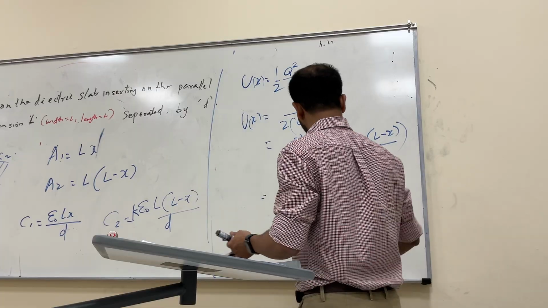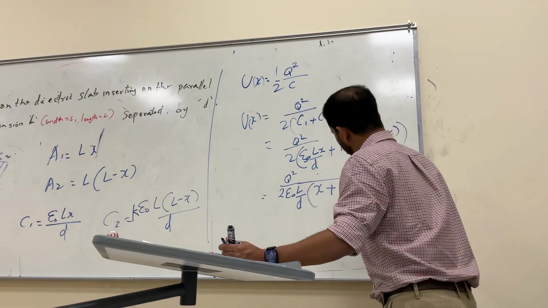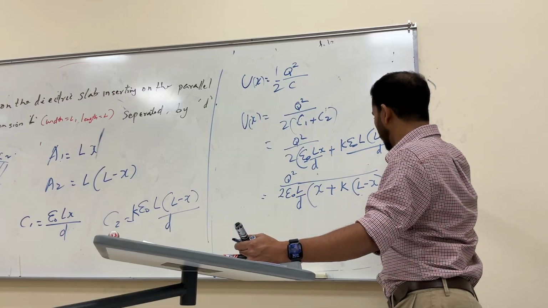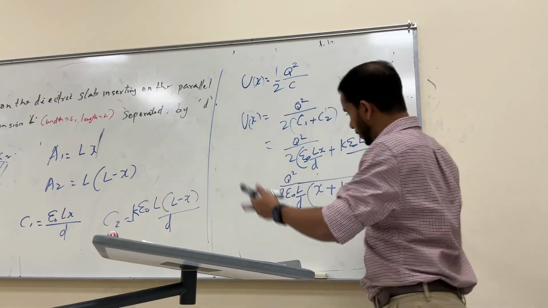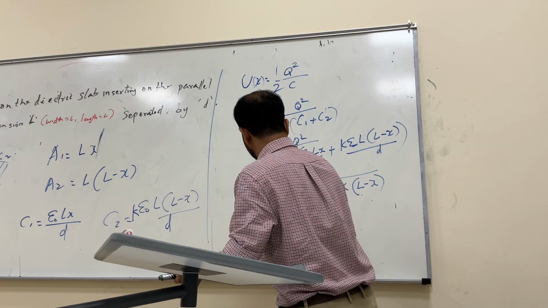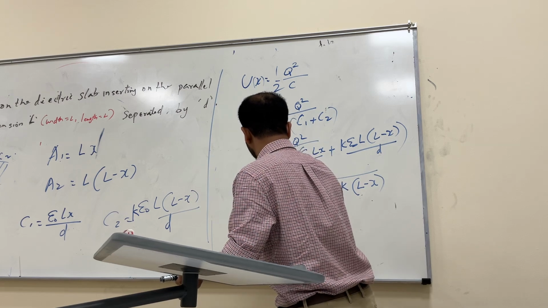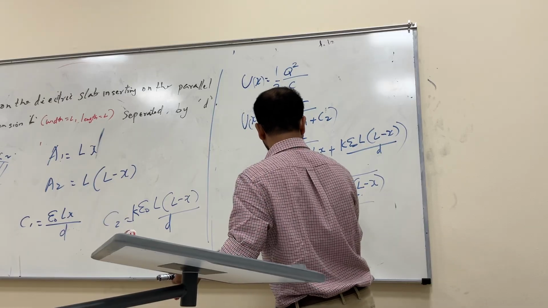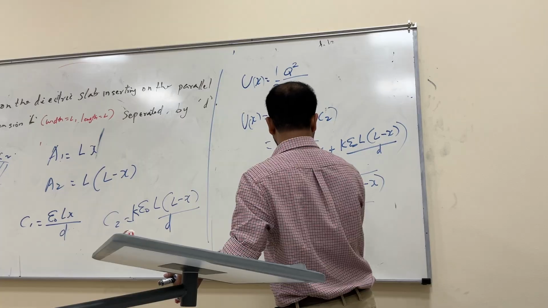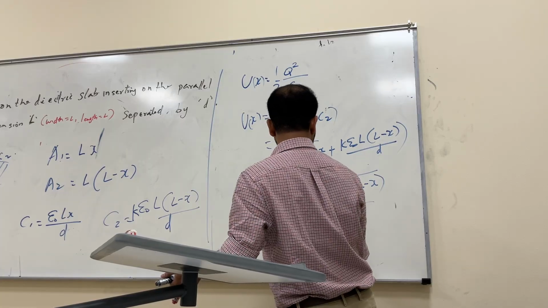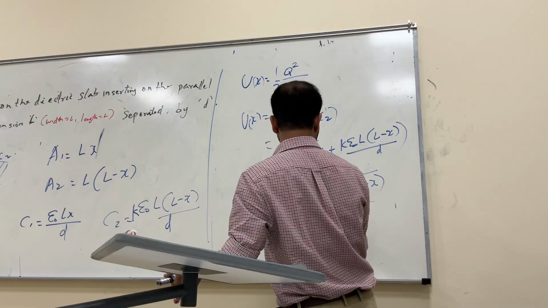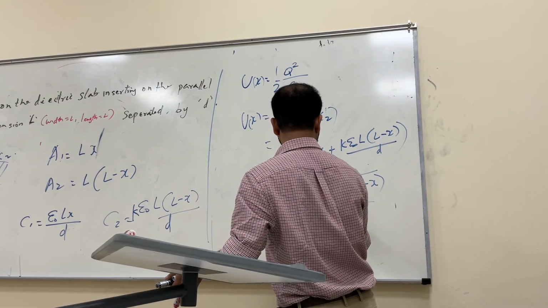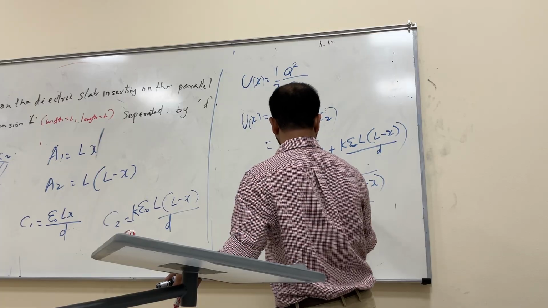You should not get confused with this one. You can rearrange this in a different way. I don't care whether you rearrange it, but if you want, you can write this one in terms of KL, because I always insist on keeping the constant on one side, into 1 minus K into x.